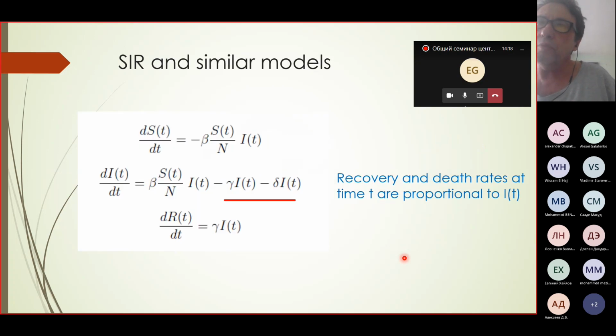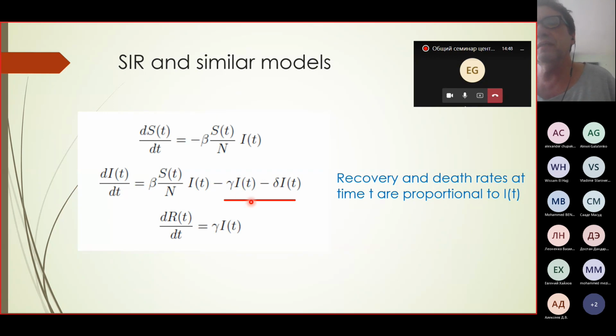So what is the problem with this SIR model? You remember I mentioned that there are two main assumptions, and the second main assumption is that the number of newly recovered is proportional to the total number of infected. So if we want to know how many recovered people there are today, according to this model, we take the total number of infected also today.